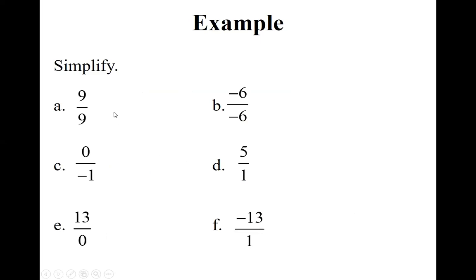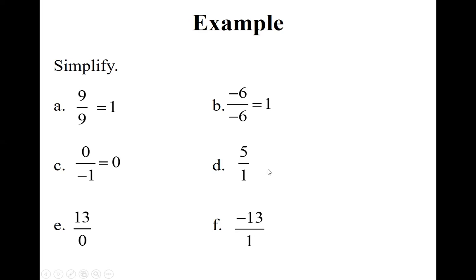So 9 over 9, a number over itself, is equal to 1. -6 over -6, a number over itself, is equal to 1. Negative over negative is positive. So even with a negative number over itself, we get +1. 0 over -1. 0 over any number is 0. 5 over 1.